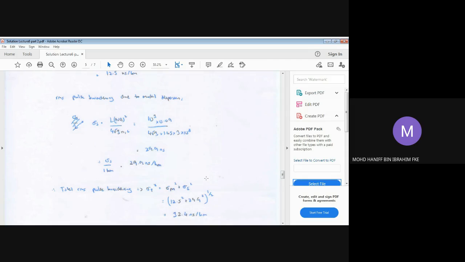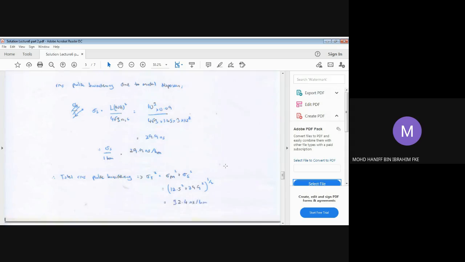The total RMS pulse broadening per kilometer is the square root of 12.5 squared plus 29.9 squared, which gives us 32.4 nanoseconds per kilometer.